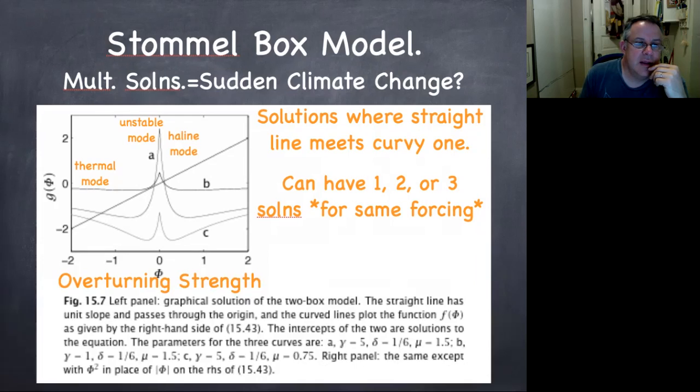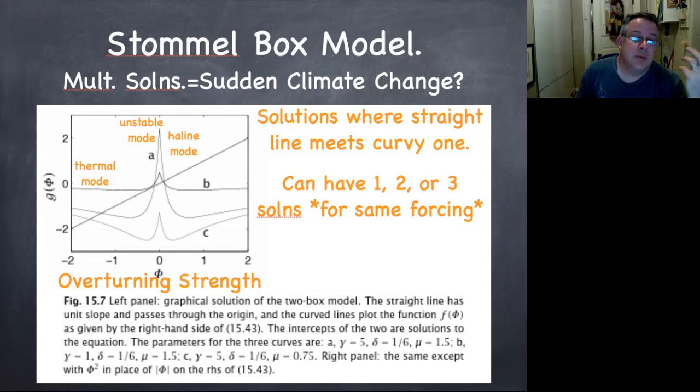This A, this one B, and this one C are for different parameters of the problem. Parameters like how strong T star and S star are, and other things like the ratio of thermal diffusivity to salt diffusivity that come into this game.